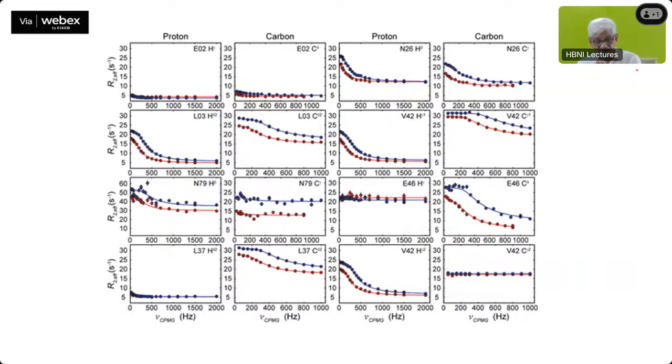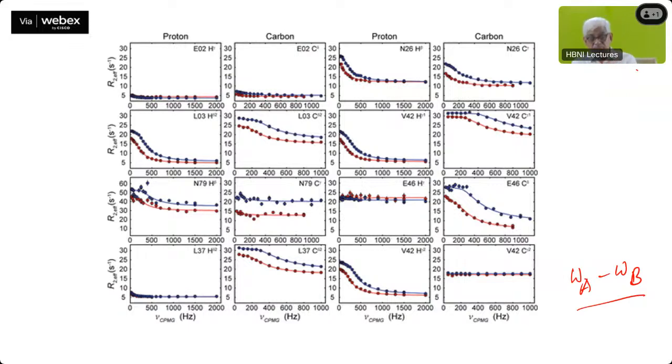Because the exchange contribution, if you remember, depends upon three things. One is the populations, second is the exchange rate, third is the chemical shift difference between the two positions, omega A minus omega B. We have seen that in the last class.